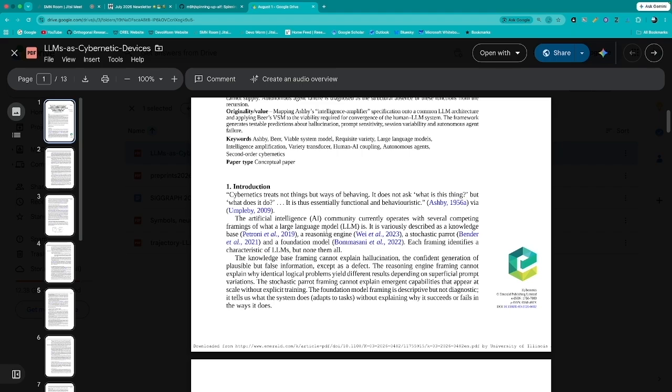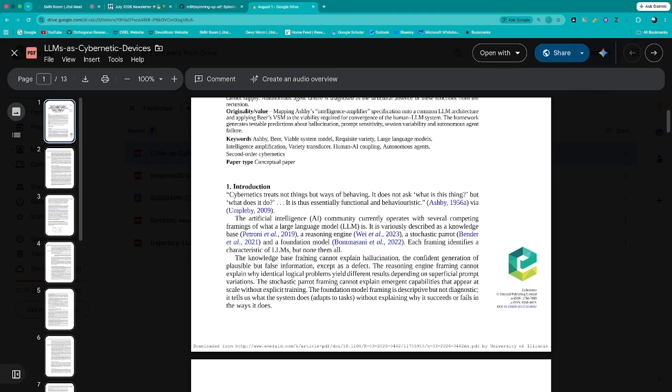So each framing identifies a characteristic of large language models, but none capture them all, which means that any one description doesn't really capture the entirety of this functional relationship between the language model and the user. That is, the knowledge-base framing, for example, cannot explain hallucination, the confident generation of plausible but false information, except as a defect. So maybe our view of hallucinations is wrong. Maybe they're not defects, but there's something functionally distinct about that interaction.